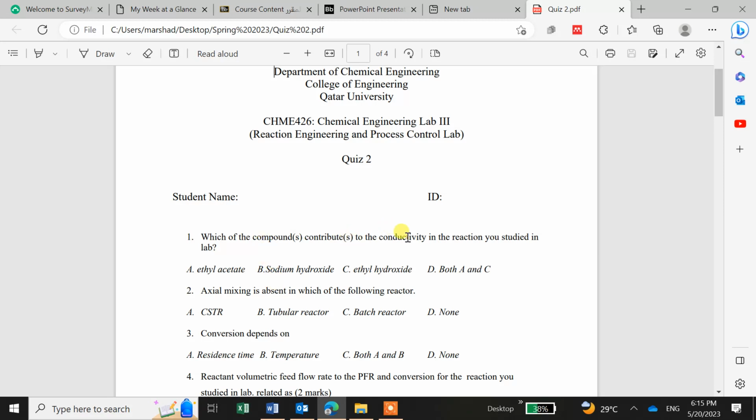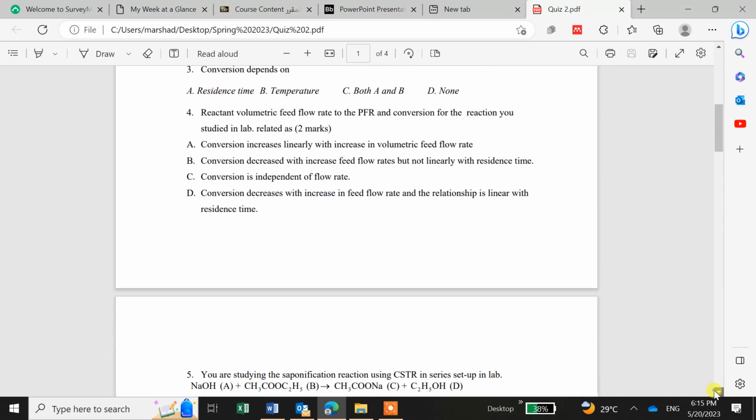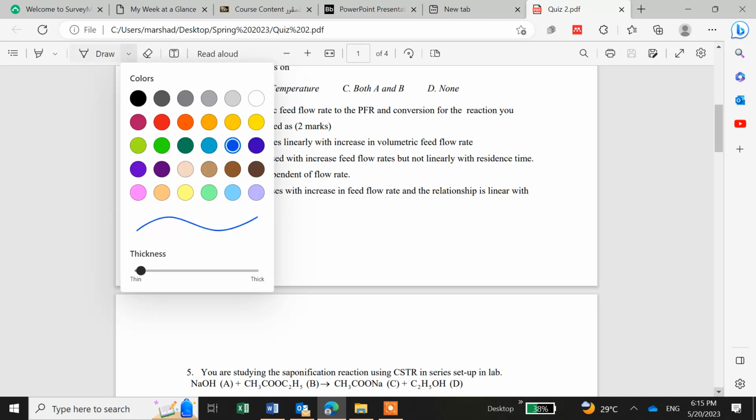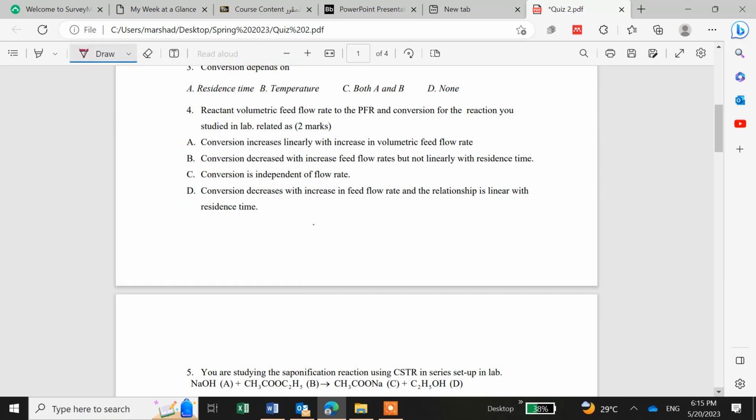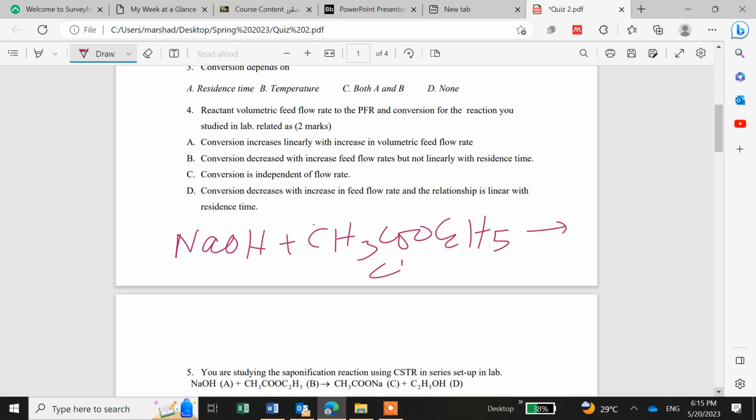Which of the compounds contributes to the conductivity? As we know, we have the reaction of sodium hydroxide with ethyl acetate. NaOH plus ethyl acetate gives you sodium acetate and ethanol, right?